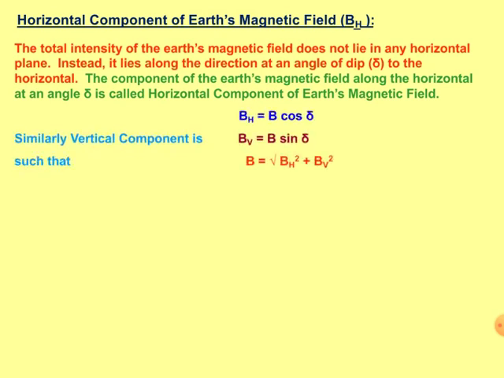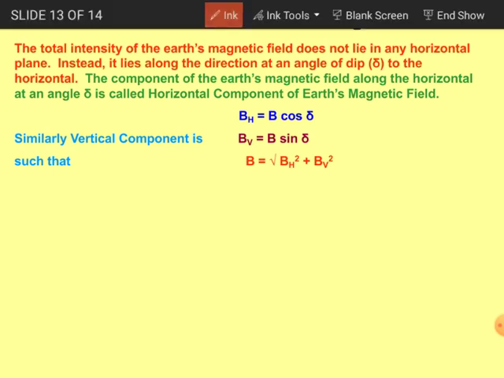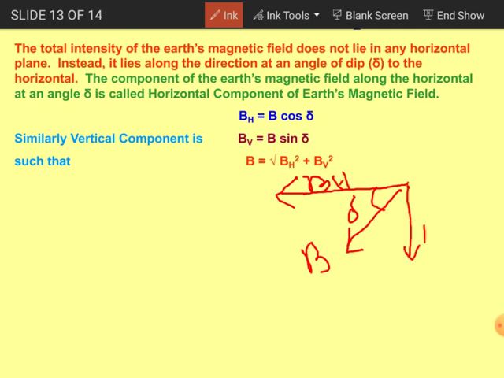In the previous slide we saw that the earth's magnetic field is like this, B. If you resolve it, and this is the horizontal direction, then this angle is known as dip, delta. So the horizontal component is BH and the vertical component is BV.